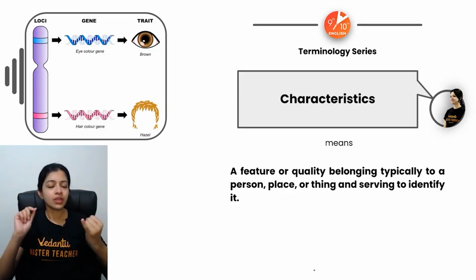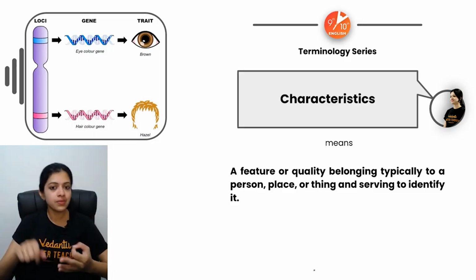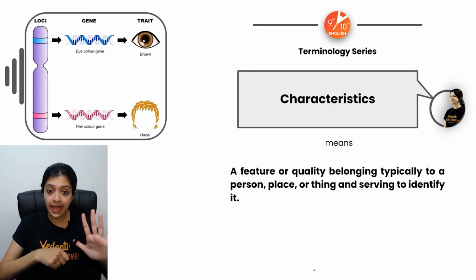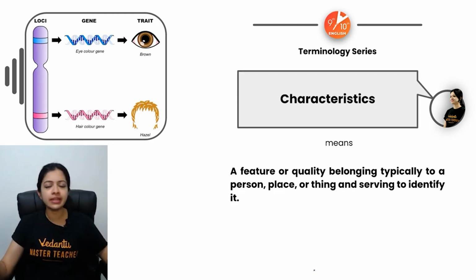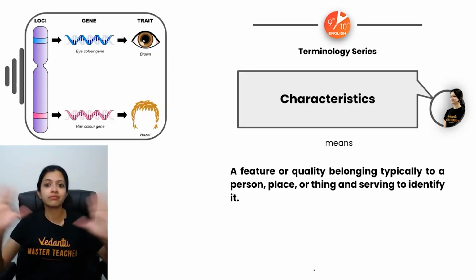Eye color, hair texture, skin color, the person's height, weight, body structure, voice, tone of the voice, so many things you can actually name, maybe tens of thousands of such characteristic features which you would find in every human being.